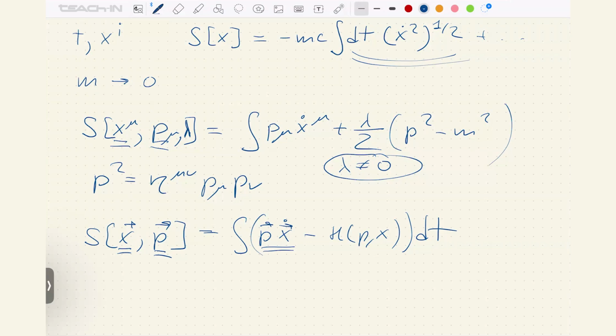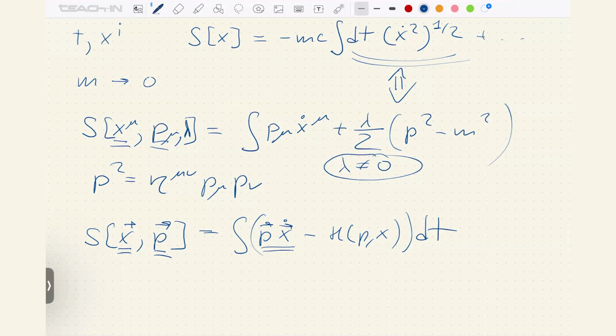So you can think of this model as a kind of toy model for gravity. This lambda squared is roughly speaking the metric, and we know that the metric must be non-degenerate. That is why lambda is required to be non-vanishing. Otherwise, the equivalence between these two is not going to work. And in fact, they are equivalent.